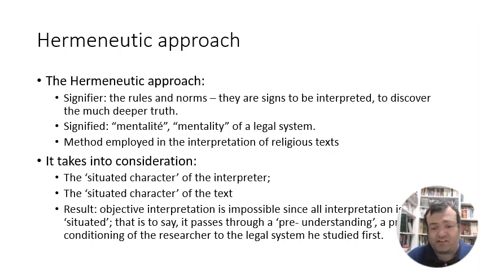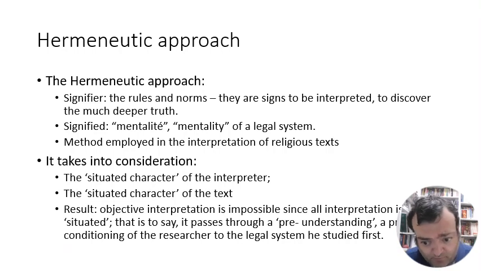If we extrapolate that to law, or to comparative law, excuse me, specifically to comparative law, so the signifier, the signs would be the rules and the norms, under which is hidden the signified, which is the mentality of a legal system. Mentality.